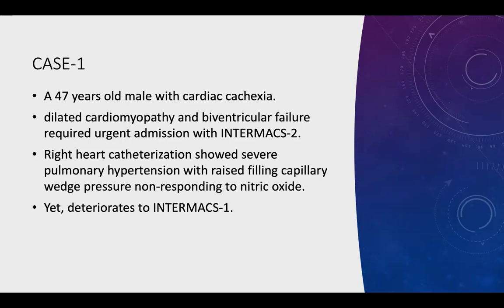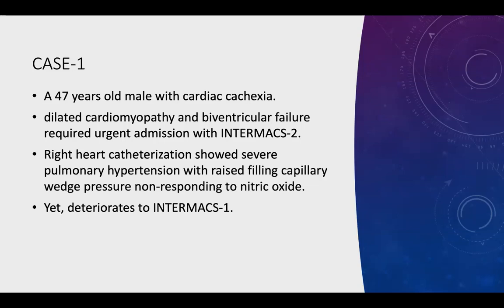He has already congested liver. He will bleed to death if you put a BiVAD permanent one. You need to stabilize him. So ECMO is the choice.